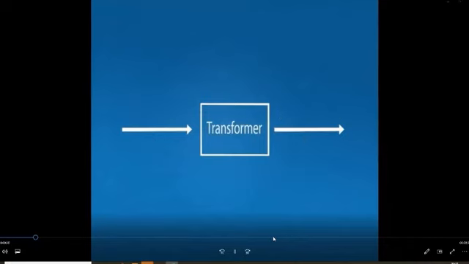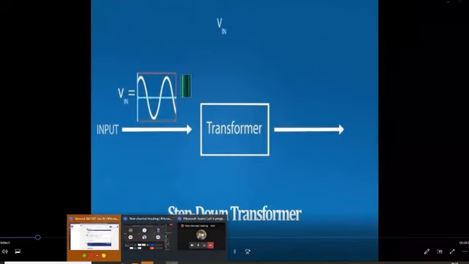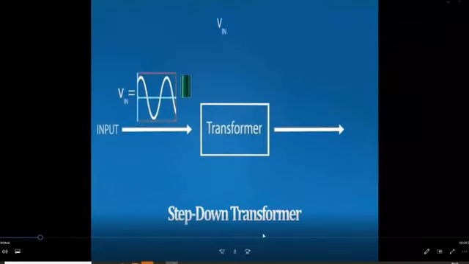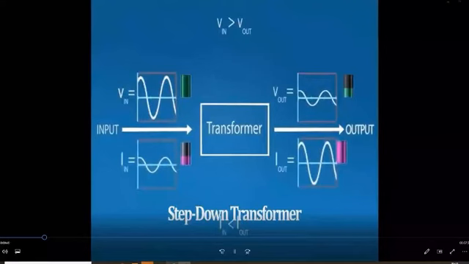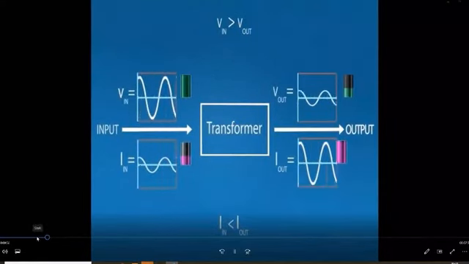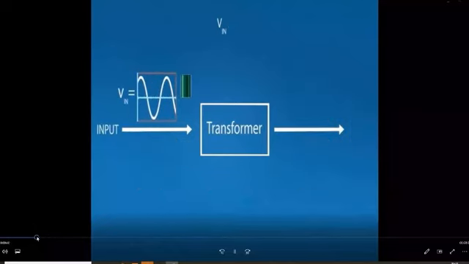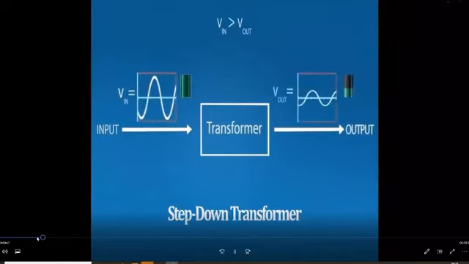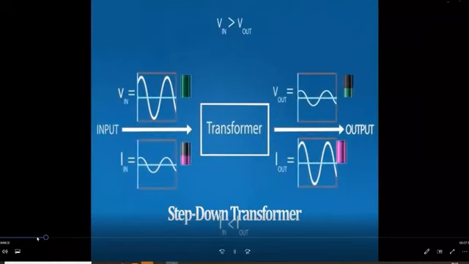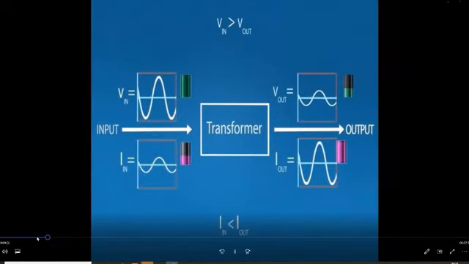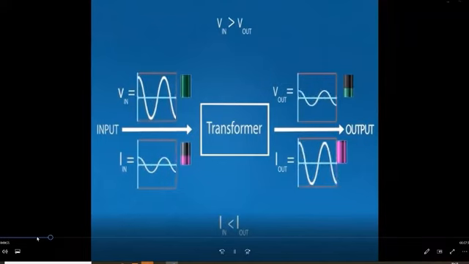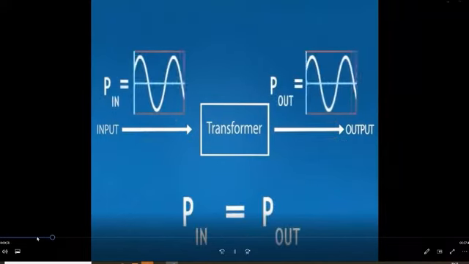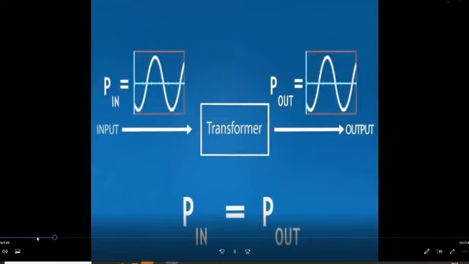For example, in the case of a step-down transformer, the input high voltage is transformed to a low voltage, whereas the magnitude of current is increased because input and output power have to remain the same.